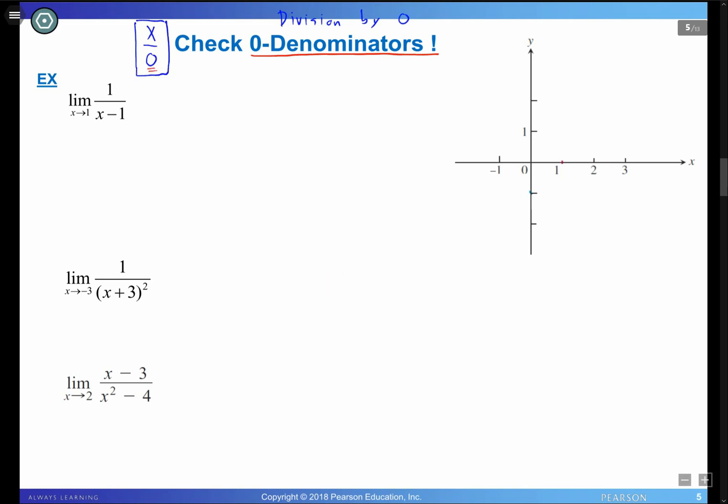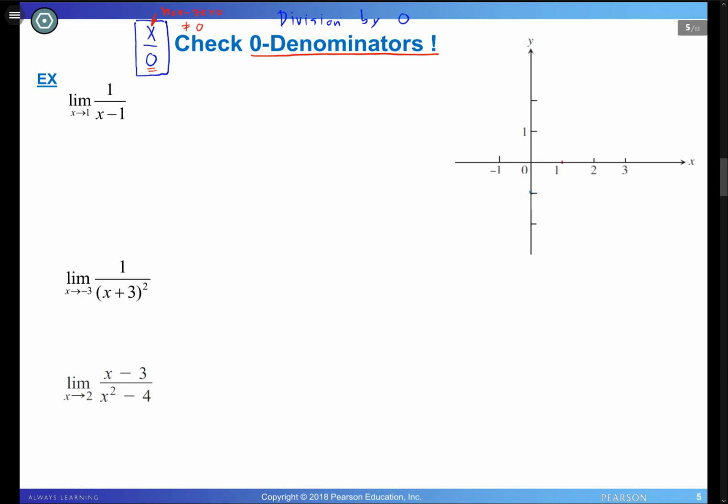This one has to be 0. However, you have to keep in mind that the numerator in this form has to be non-zero. So what we have up here for x, the numerator has to be non-zero. Not equal to 0.